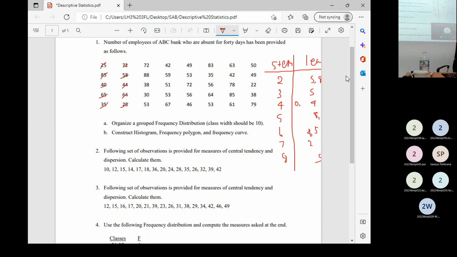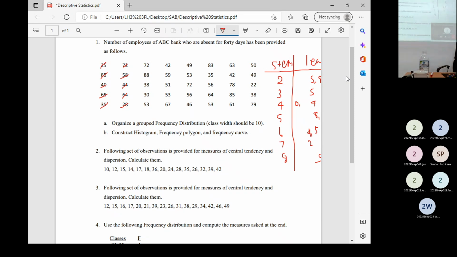Like that you can see. Then 83 in that row, 35, 56, 64, 53, 63, 42, 78.